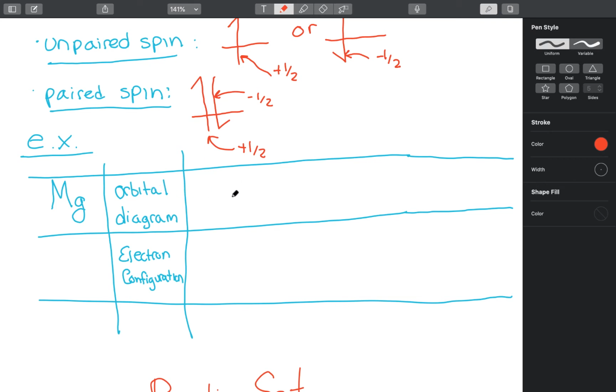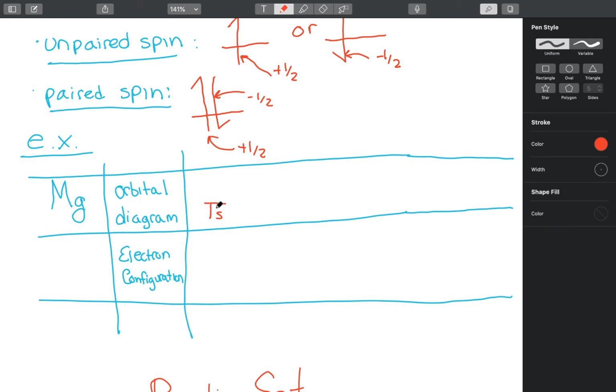We always start off with the lowest energy orbital, which is the 1s orbital. Before we can move on to any other orbitals of higher energy, we have to fill out the 1s subshell first.